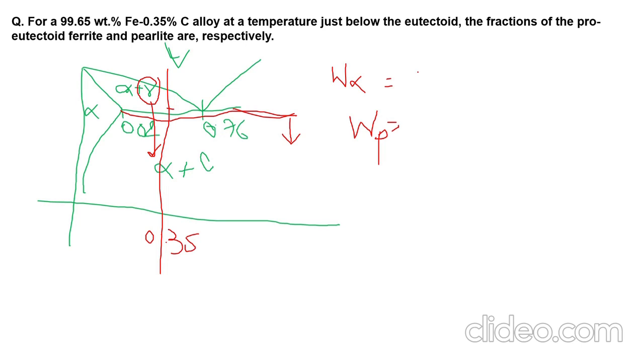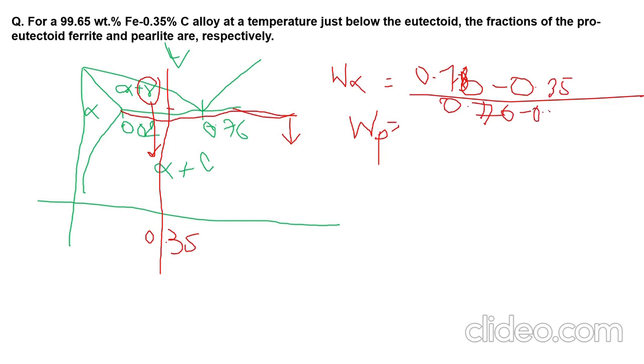So the alpha will be given by 0.76 minus 0.35 divided by 0.76 minus 0.02.